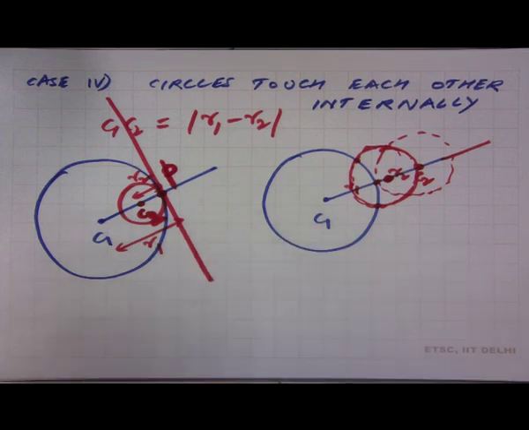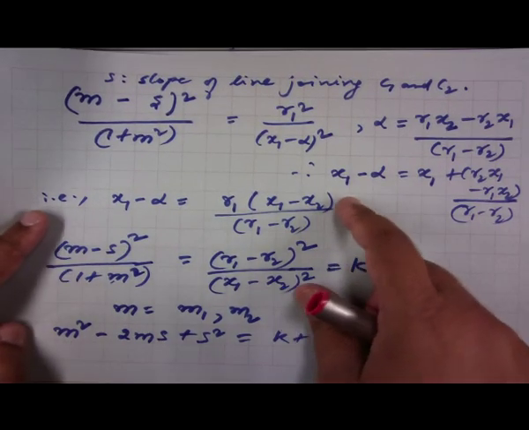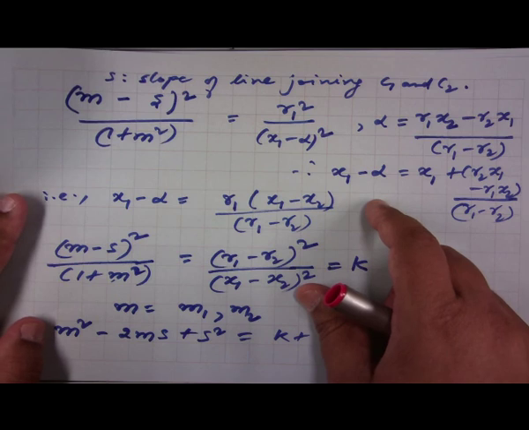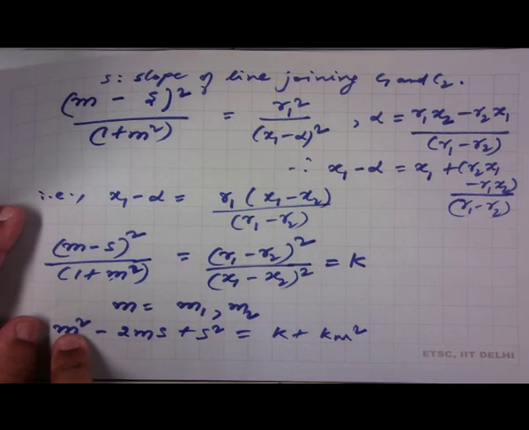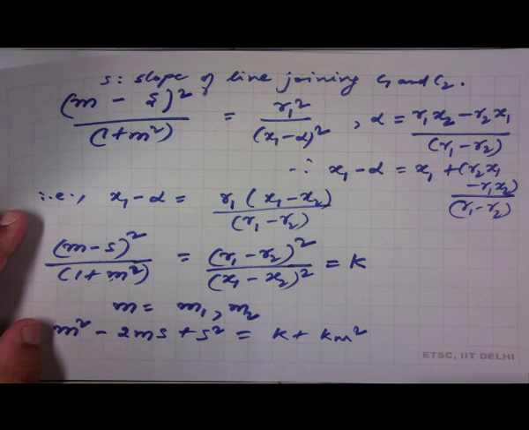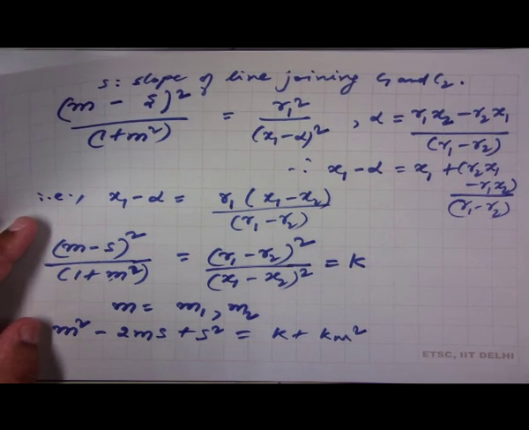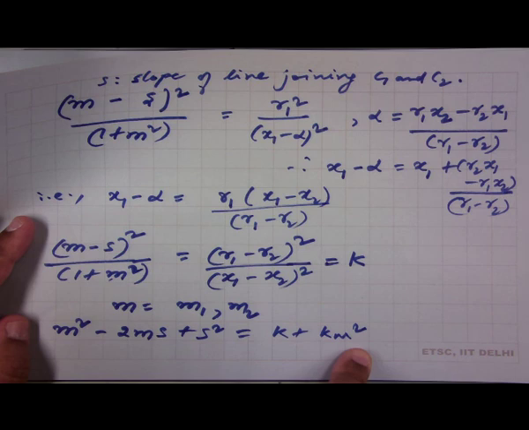If we remember this slide, it was for finding the slope m of the direct common tangent for case 1, where the two circles were neither intersecting nor touching each other. In that case we had an equation that was quadratic in m, which gave two roots.